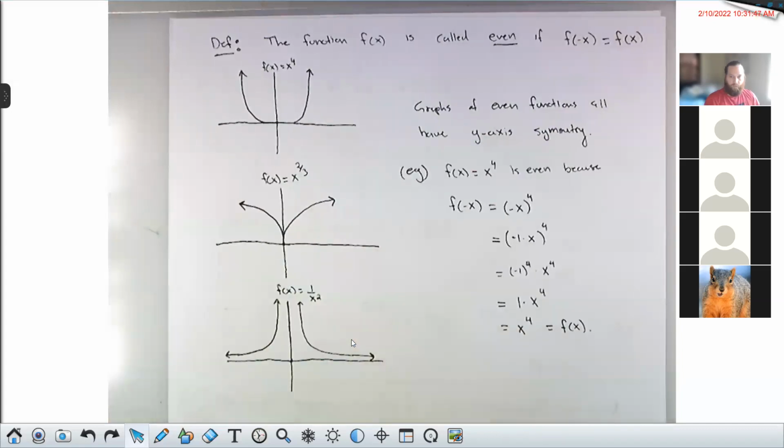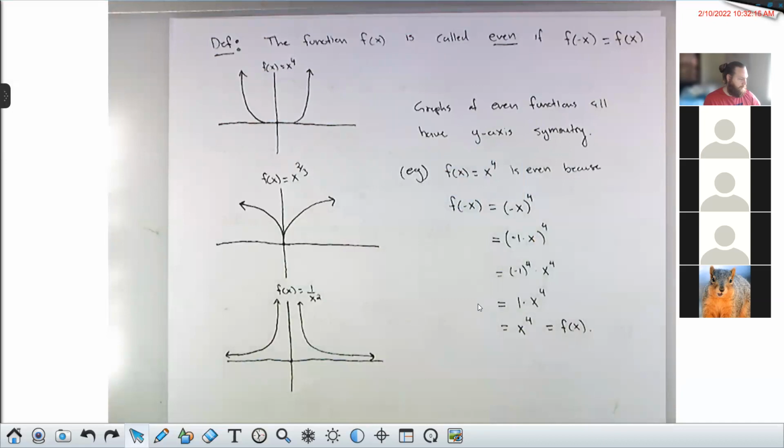So what we've just done here is proving that the function f of x equals x to the 4 is even, because we're able to show that f of negative x is equal to f of positive x. Pretty cool stuff, right? This type of thing, by the way, is what's called a proof, and it is what mathematicians do.